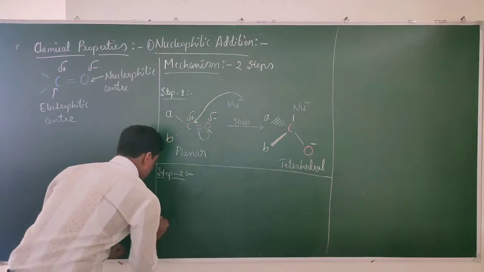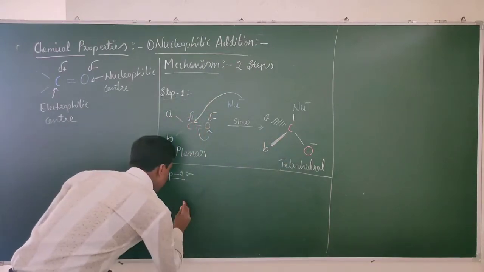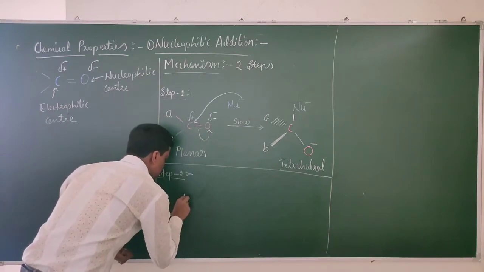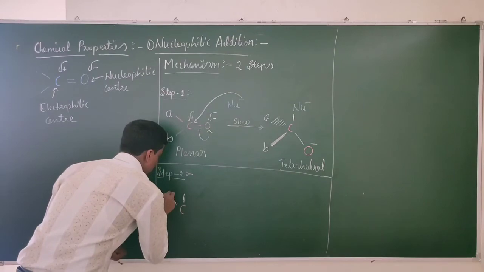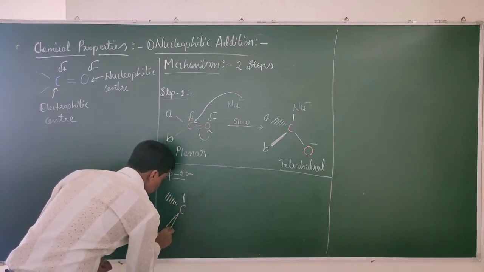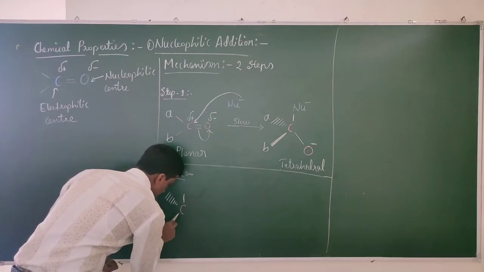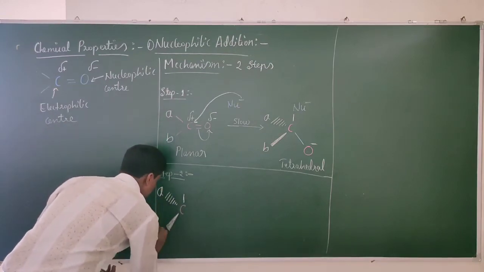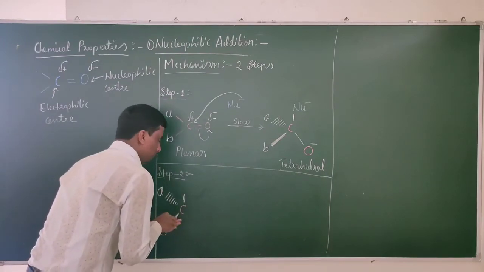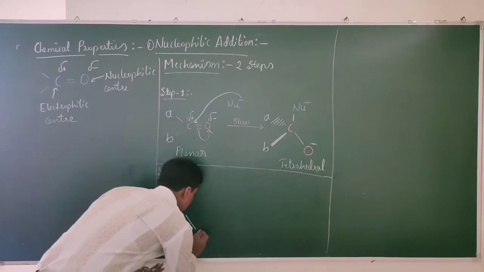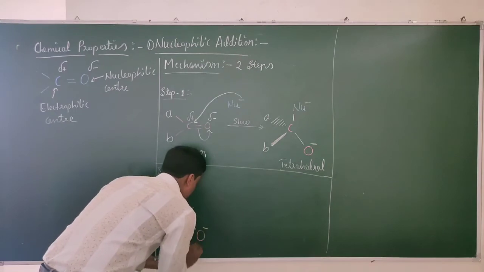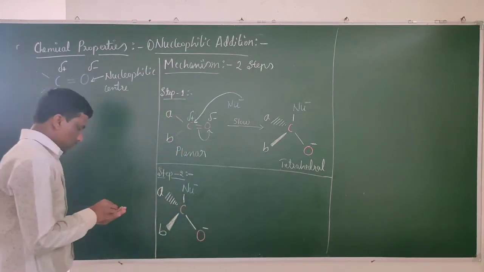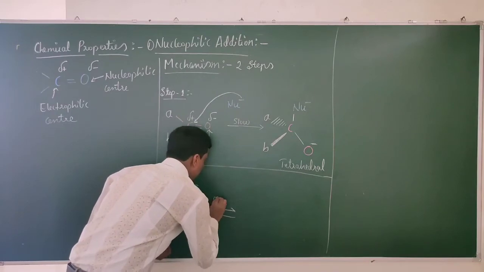Consider this tetrahedral group. Now this group undergoes a fast step.